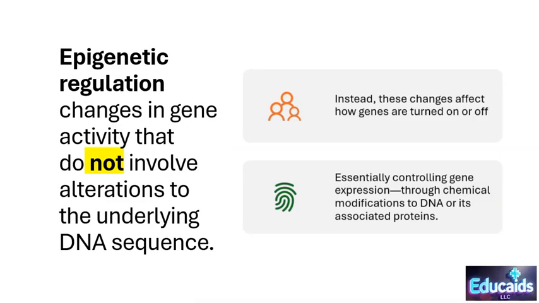Epigenetic regulations. So epigenetic regulation, let's kind of go into some examples. That is changes in a gene activity that does not involve alterations to the underlying DNA sequence. Instead, these changes affect how genes are turned on or turned off, essentially controlling gene expression through chemical modifications to DNA or its associated patterns.